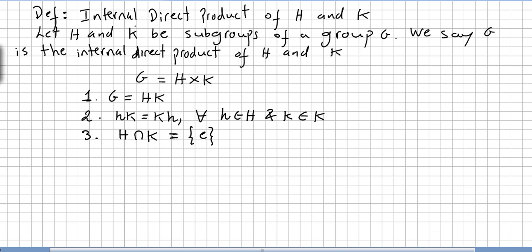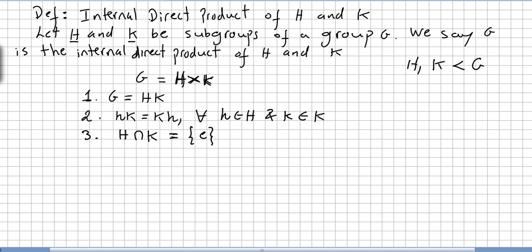Okay, so now we get into the definition of internal direct product of H and K. Let H and K be subgroups of a group G. We say G is the internal direct product of H and K, and we write it this way: G equals H times K, if 1, G equals HK, 2, hk equals kh for all h in subgroup H and all k in subgroup K, 3, H intersection K equals the identity.